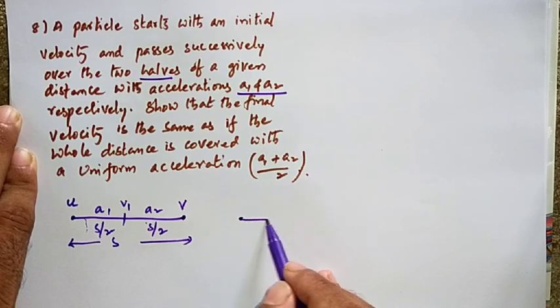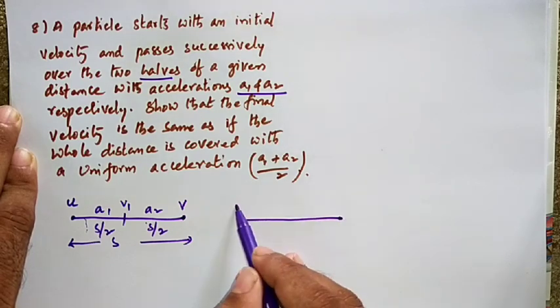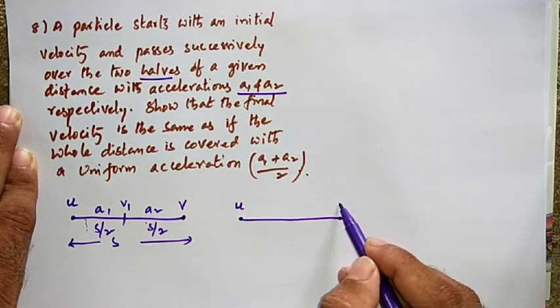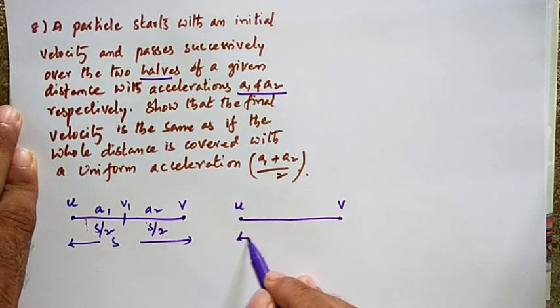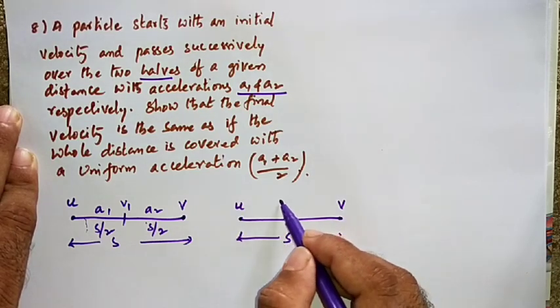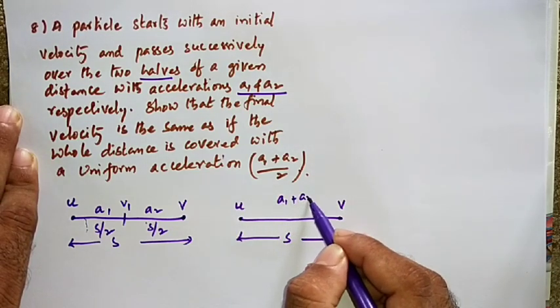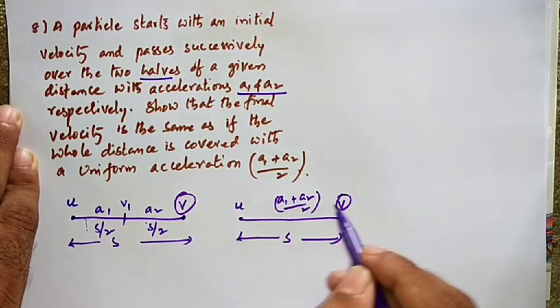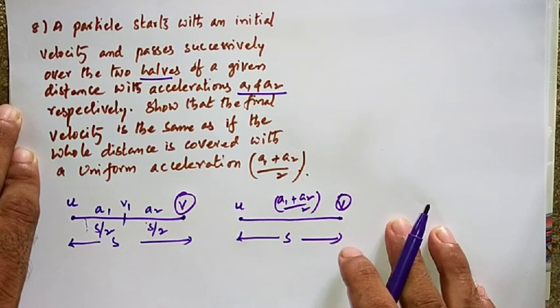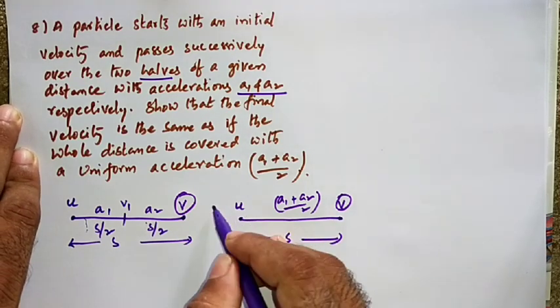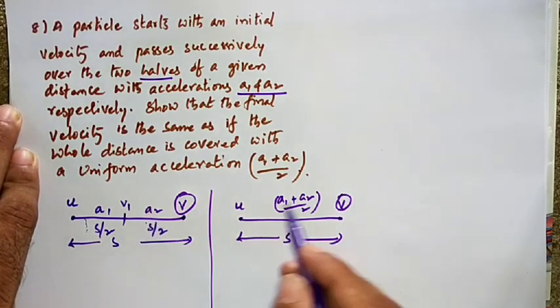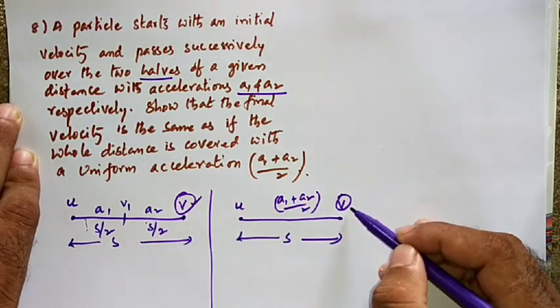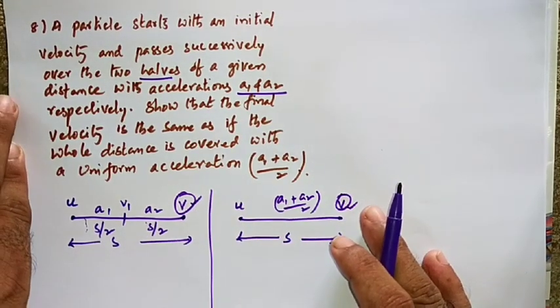Means here the body is moving with u and the final velocity is v. The whole distance is traveled with an acceleration of (a1 plus a2) by 2. Then this velocity and this velocity are the same. We should show it. Understood? These are the two cases. In this case and in this case, the final velocities of the body are the same.